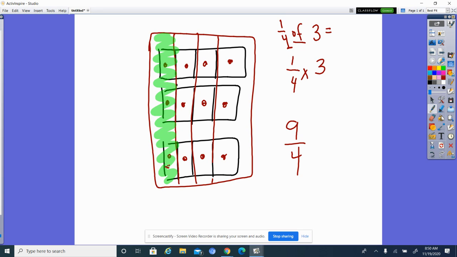Now, can we keep that like that? No. So what do we need to do? We've got to change it into a mixed number. How do we do it? You can either divide or take wholes out. What should we do? Take wholes out. What's a whole in 4s? 4/4. So I'm going to take out 1 whole.